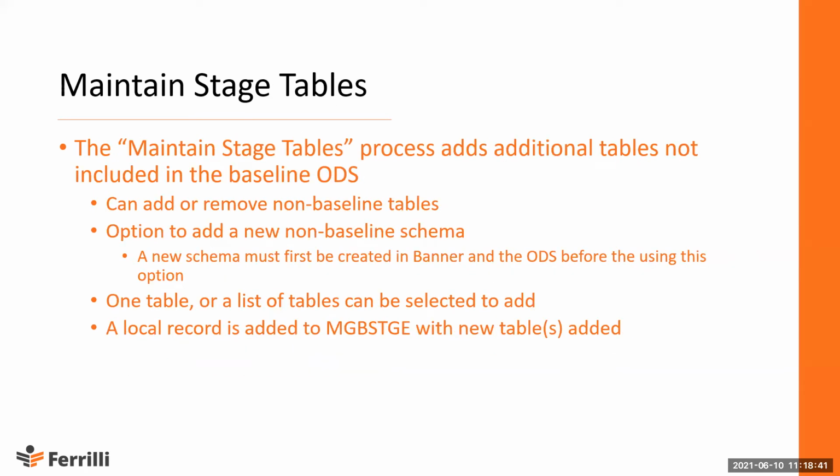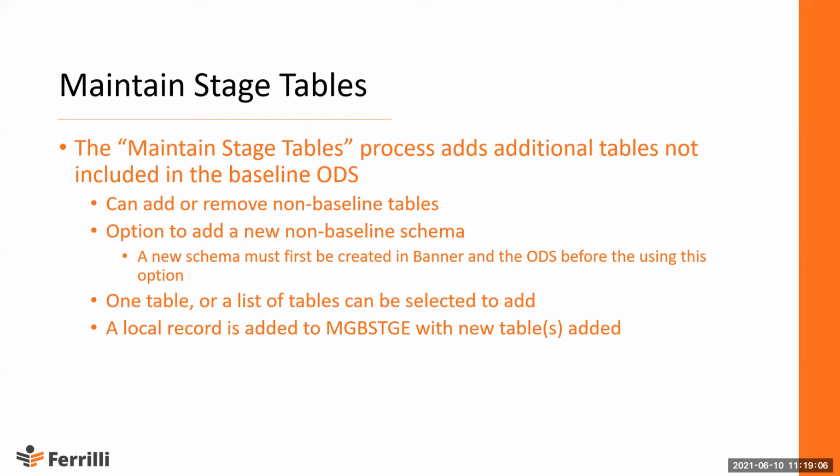There's also on the staging tab another selection called maintain stage tables. This is where you can add tables into your ODS. This is the first step of customization. I mentioned earlier that your baseline ODS is a one-to-one correspondence to Banner tables, but it isn't all the Banner tables.